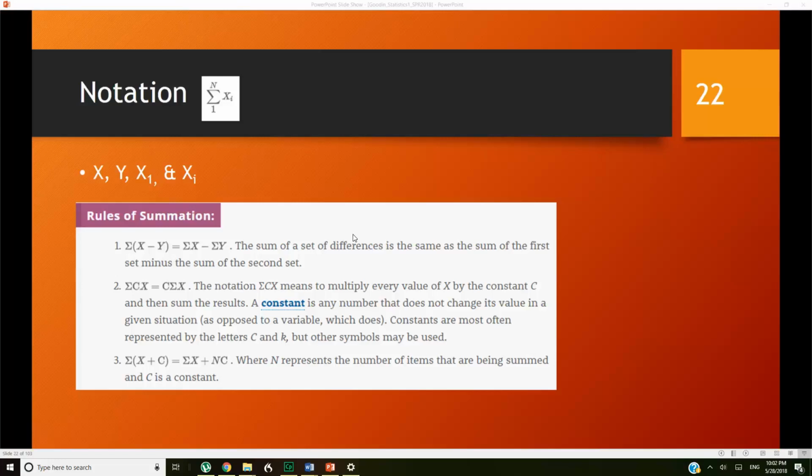We see X sub I, or we can see I subscripted next to the symbol X. We mean that X can represent any value within a sample. If it was X sub 1, we would know to look at the first value only. If it was X sub 2, we would look at the second value.